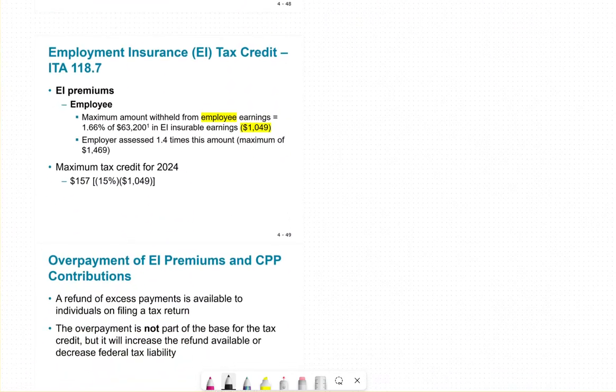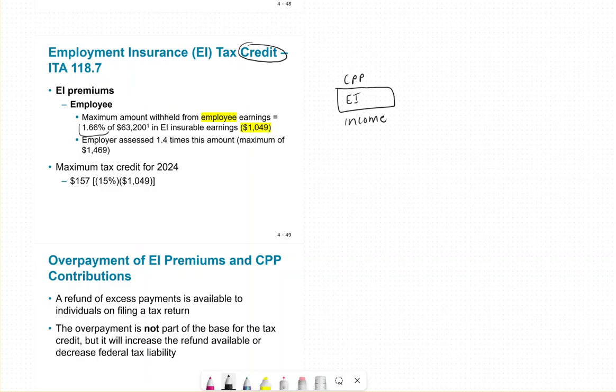EI is an insurance, we call it employment insurance, and we get a tax credit for it. If you're working, there are three mandatory deductions: CPP, EI, and income tax. When you have EI, we pay to Service Ontario.